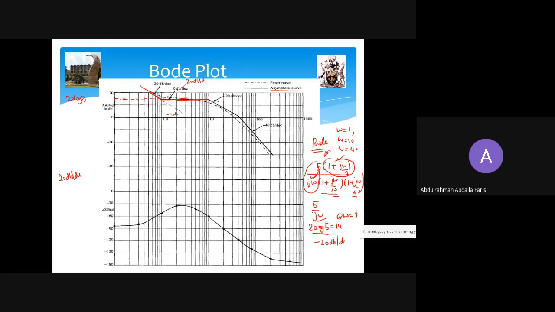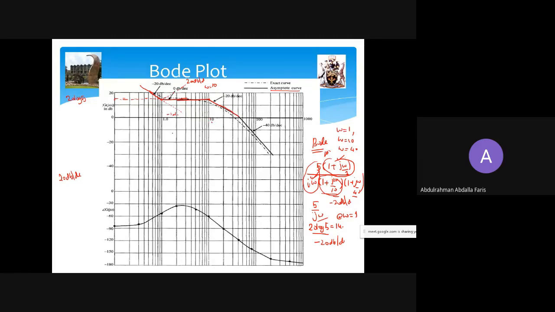It will move until it reaches omega equals 10. Then at that point, we know there is a pole here. That pole gives minus 20 dB per decade. So that's why you see this line here. Until it reaches what?